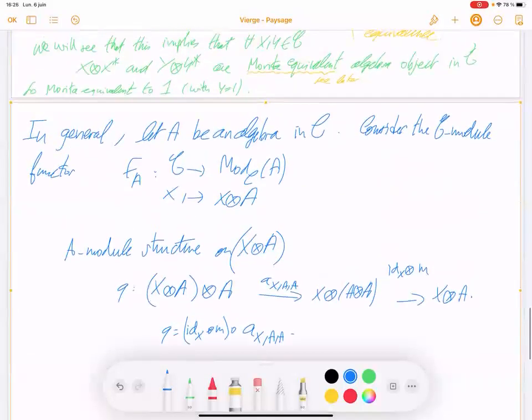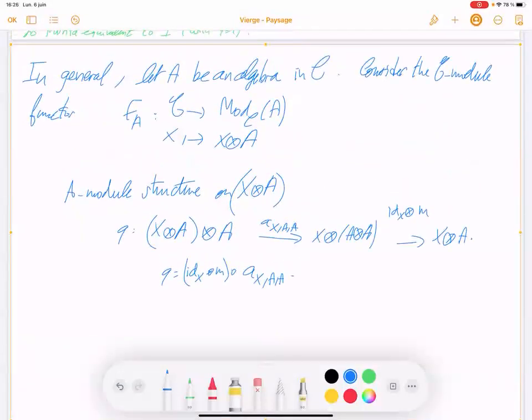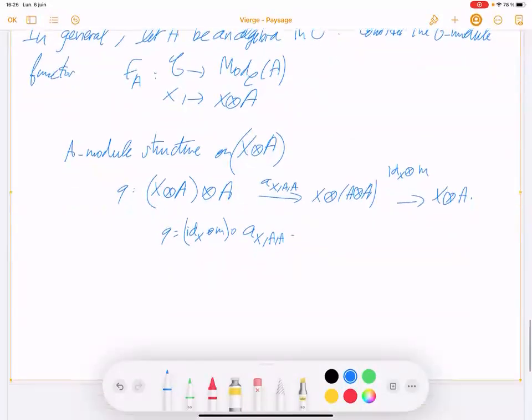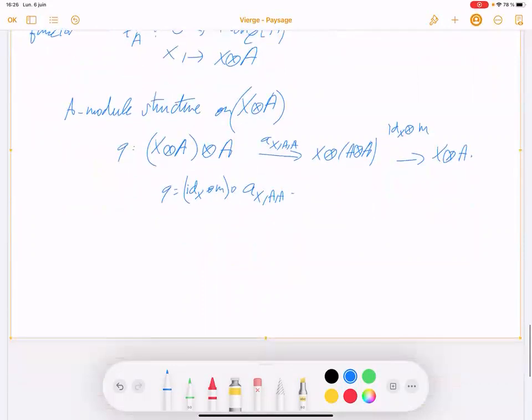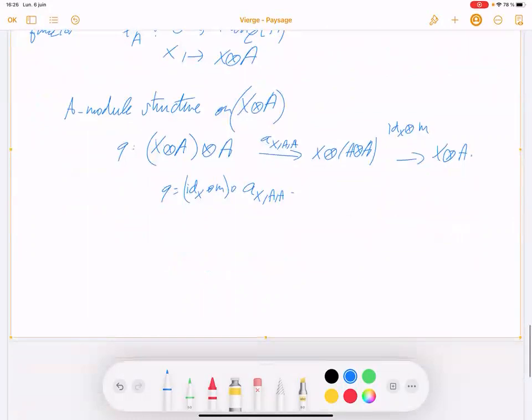And so this functor FA, we will see that it is the adjoint of the forgetful functor from mod CA to C.